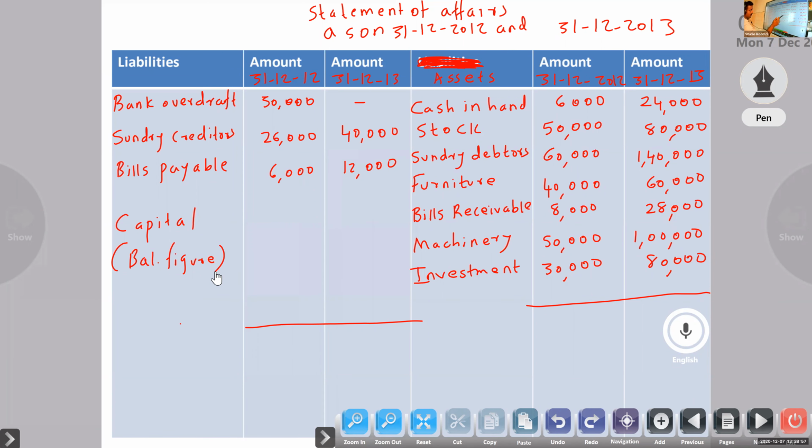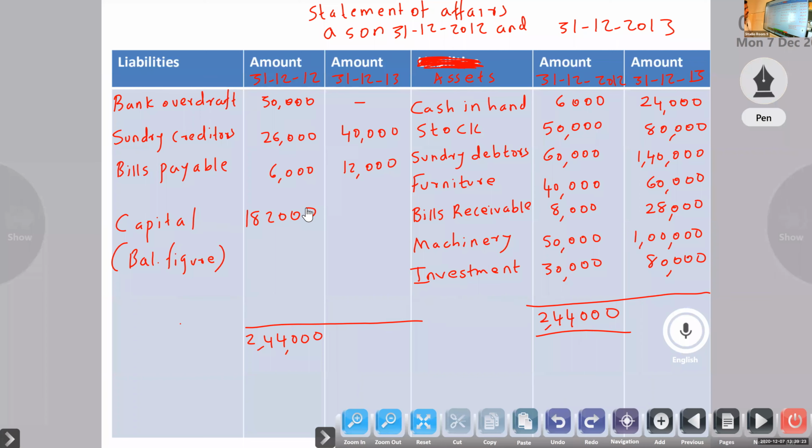Two lakh 44,000. Minus 62, 1 lakh 82,000.